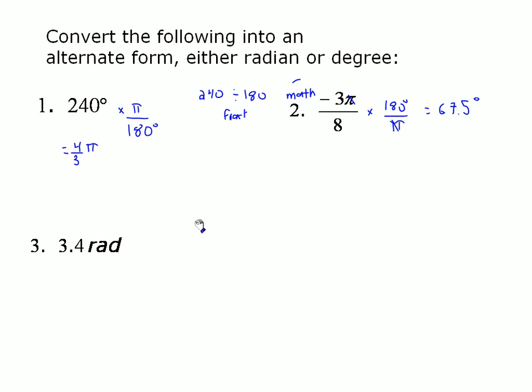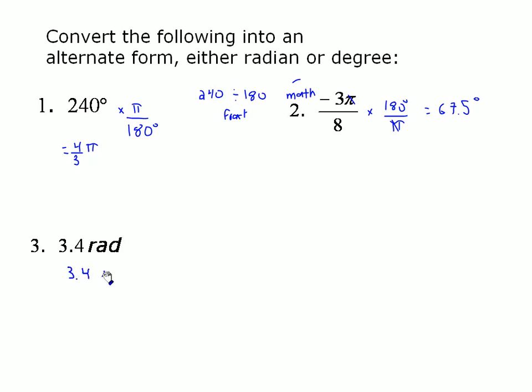Keep going for number 3. This is a different one in that it's already a decimalized version, and typically with these ones they'll say round to a nearest decimal value, and I didn't in this case, but I meant it. So you take the 3.4 rads, the irrational value pi has been multiplied in. So what we do is exactly the same thing.